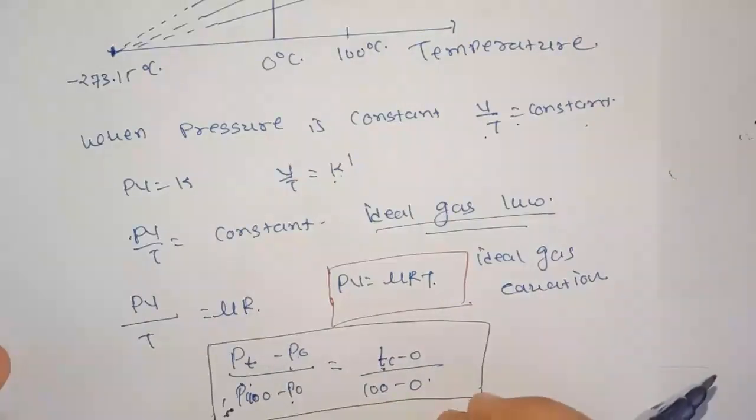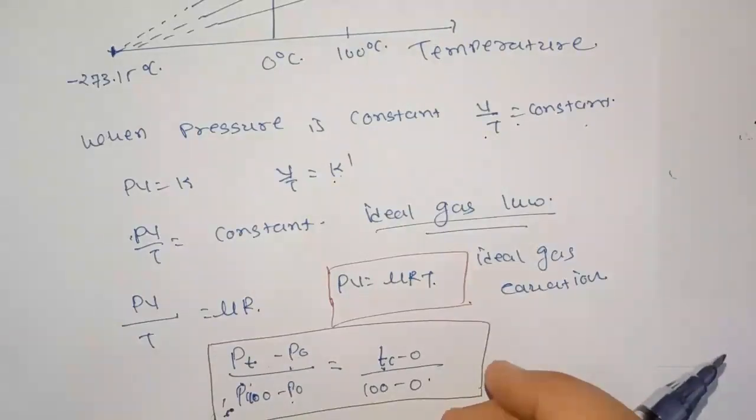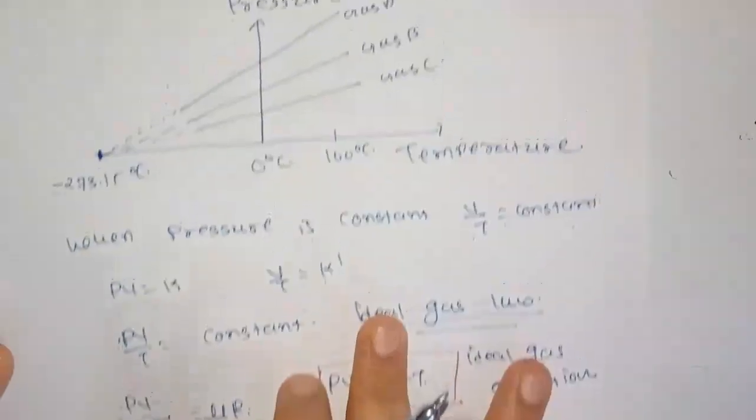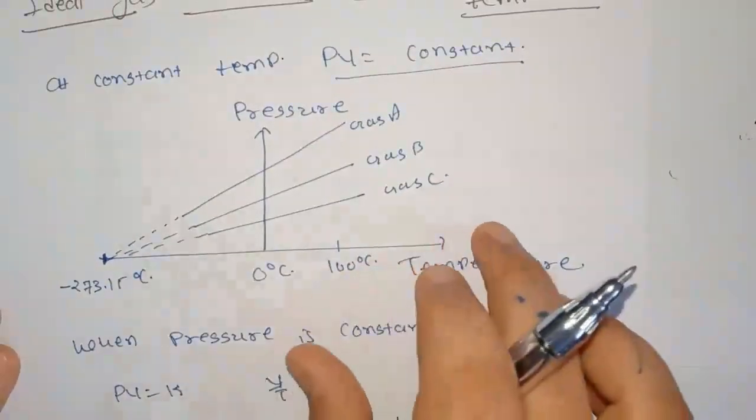This equation suggests that pressure in a thermometer varies linearly with the temperature measured. So the pressure versus temperature graph is a straight line as shown in this figure.